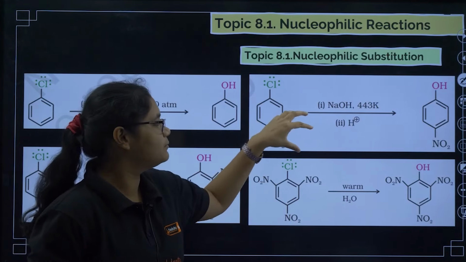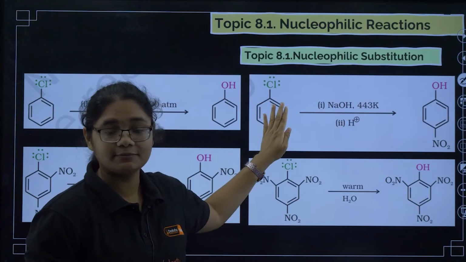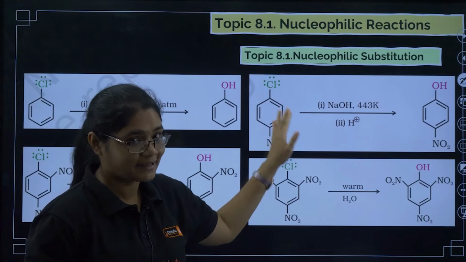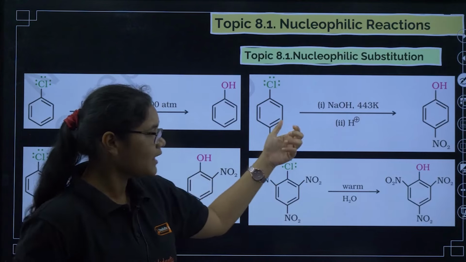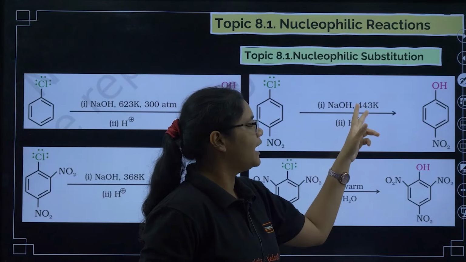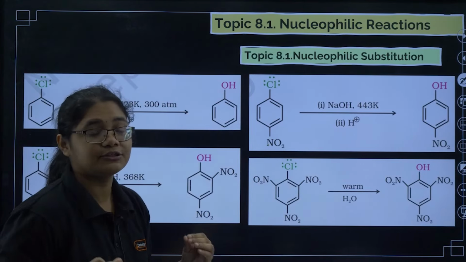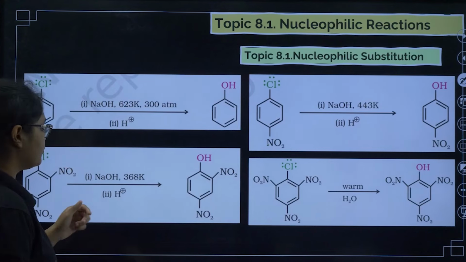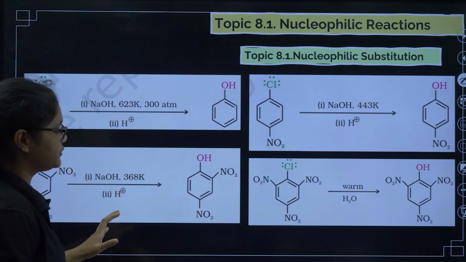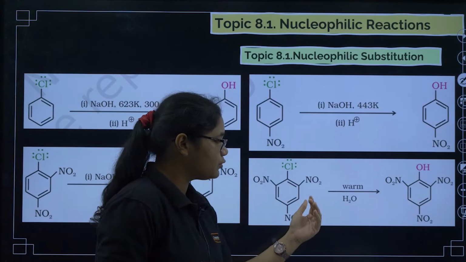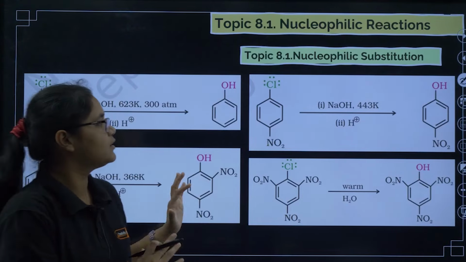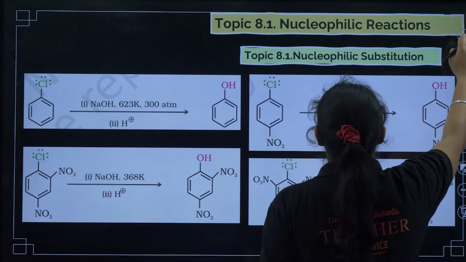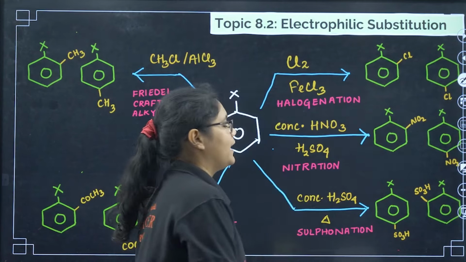Because the nucleophile is electron rich, if this becomes electron deficient, the nucleophile can attack. So if you take one NO2 group, at 443 Kelvin the reaction can happen. If you take 2 NO2 groups, at 368 Kelvin the reaction can happen. If you take 3 NO2 groups, at warm temperature the reaction can happen. Okay, so that is how we can do nucleophilic reactions in case of haloarenes.